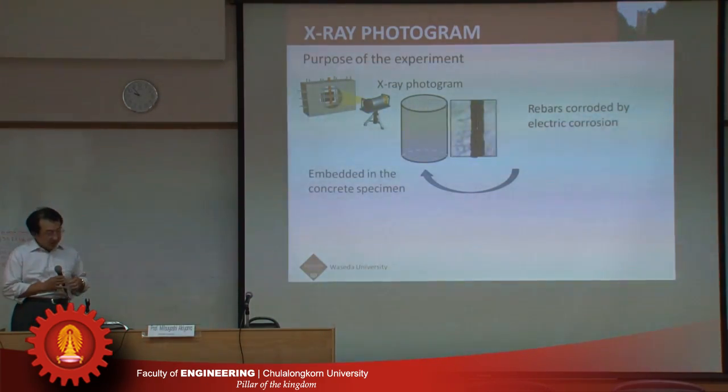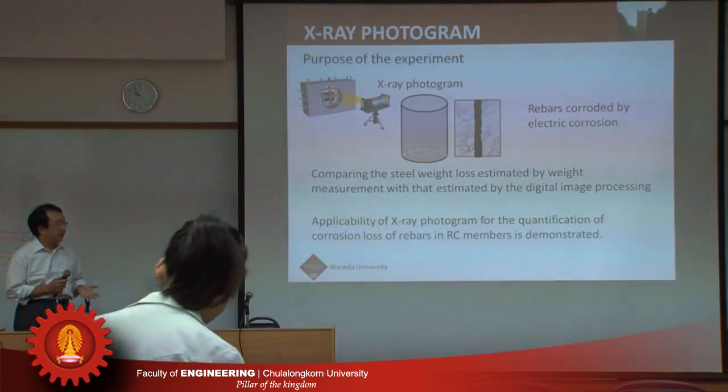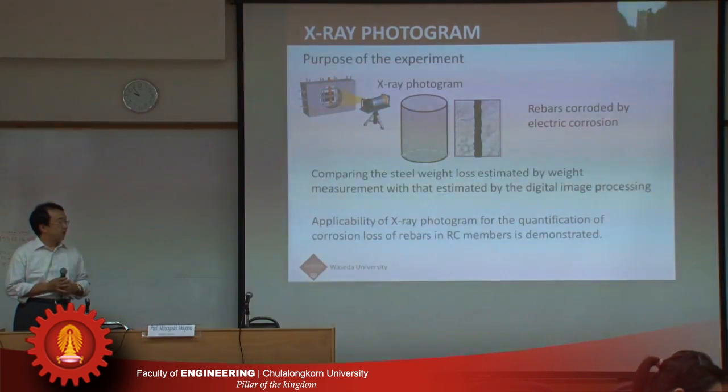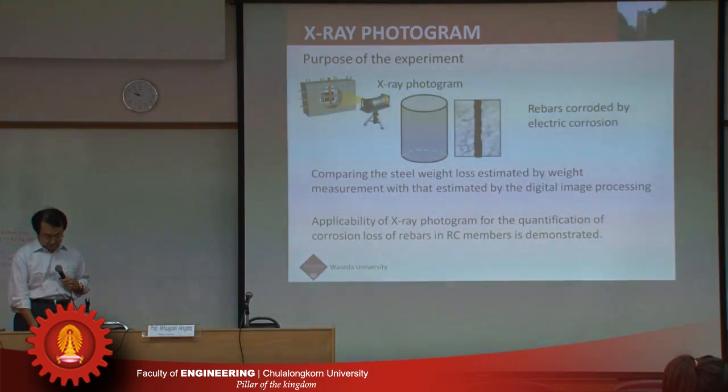Comparing the steel weight loss estimated by weight measurement with that estimated by digital image processing, the applicability of X-ray photogram for the quantification of corrosion loss of rebars in RC members is demonstrated.